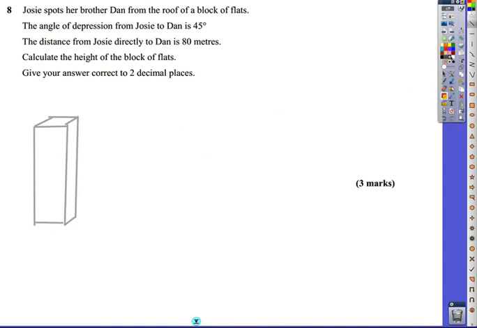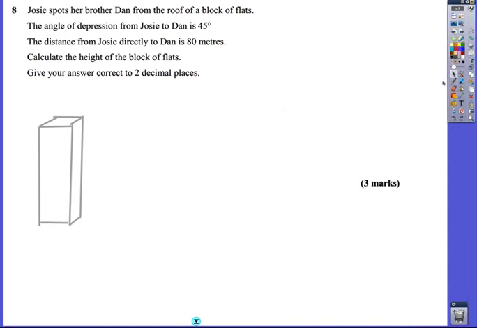Okay, so here's Josie. Josie is at the top of the flats. Right, so Josie's here. There's Josie. And she spots her brother Dan from the roof of the block. So she's on the roof of the block. So Dan is somewhere around here. Dan's hanging around here.